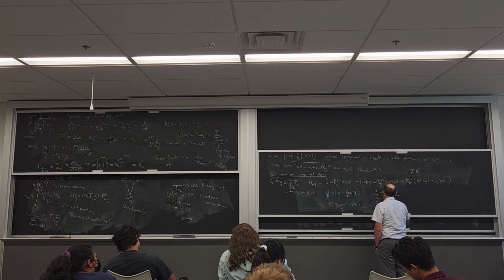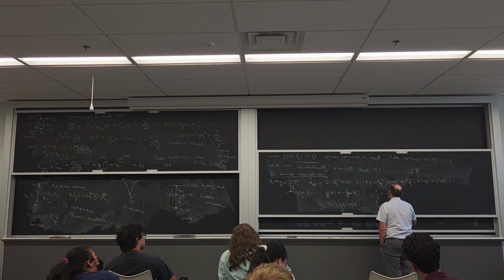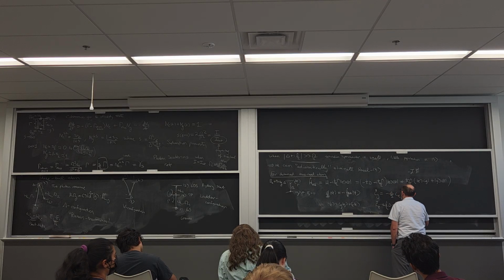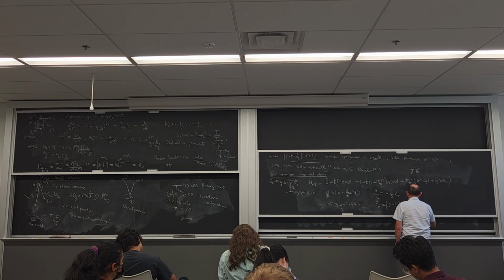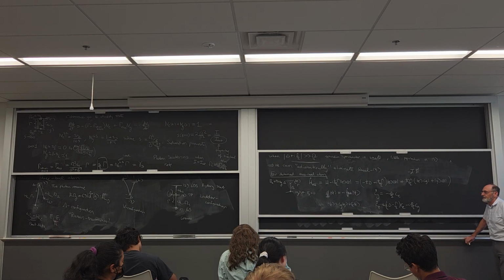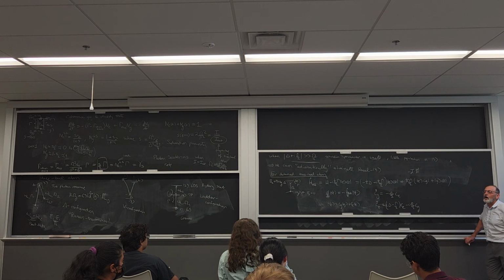The excited state has minus i gamma over 2. So that's the Schrodinger equation written in terms of the probability amplitudes.